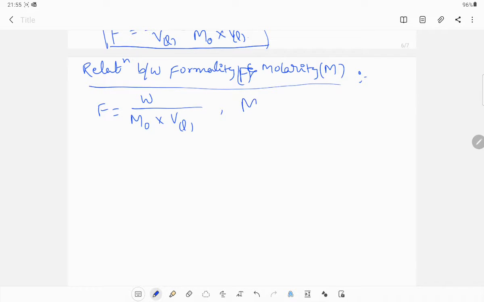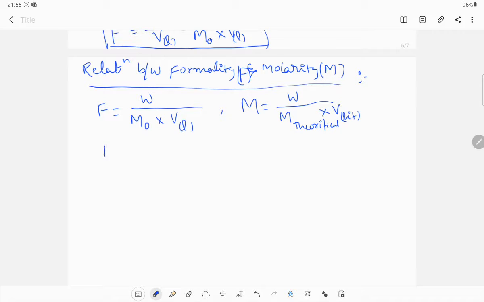So the molarity formula is what? Weight of the solute divided by theoretical molecular mass into volume in liters.